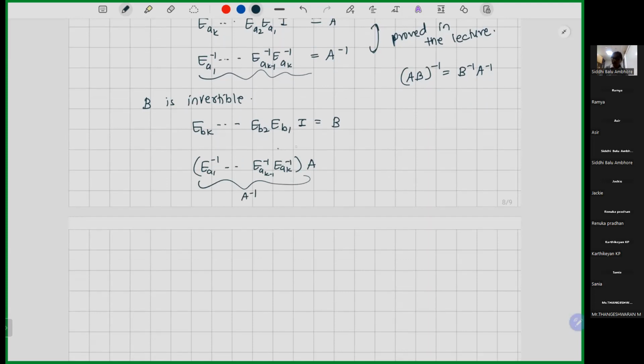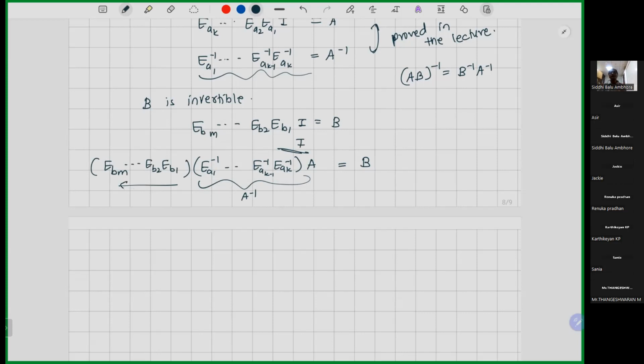So these two products will give me I. And I will multiply them by EB1, EB2, and so on up to EBM, not K; let me write M. And this is matrix B, because A with these row operations will give me identity, and again when I apply these row operations, I will get B.